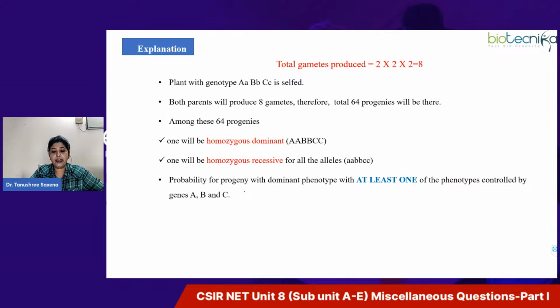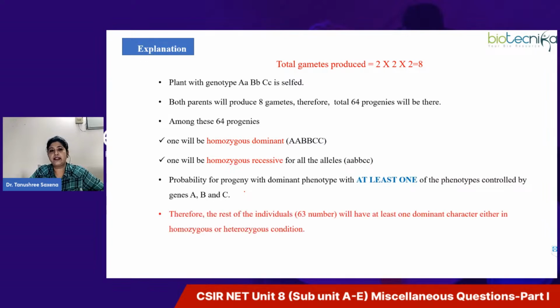The probability for at least one is the rest of the individuals other than this; that is, 63 will have at least one dominant character, either in homozygous or heterozygous condition. So yes, you have answered it correctly, Saujanya. I hope it is clear why the answer here is option 3.